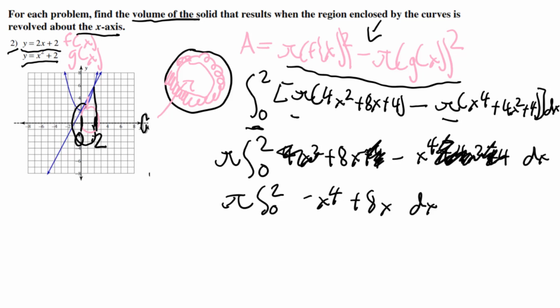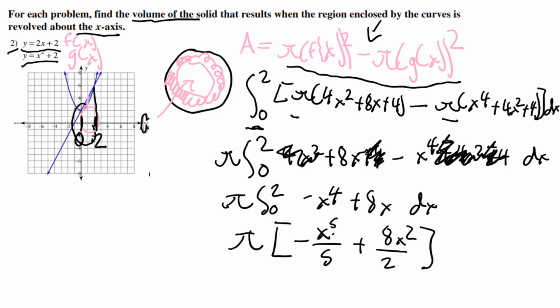This is just a simple integral that we can solve by finding the antiderivatives. We get negative x to the 5th divided by 5 plus 8 divided by 2 x squared, evaluated from 0 to 2.